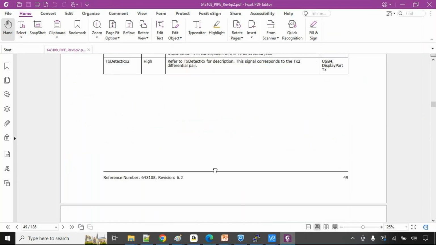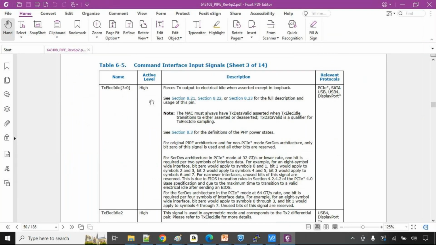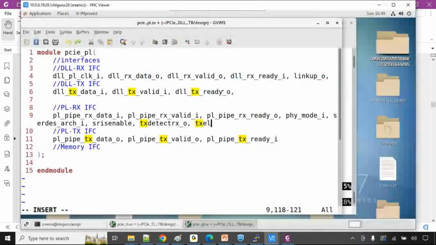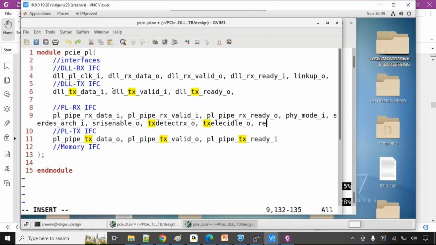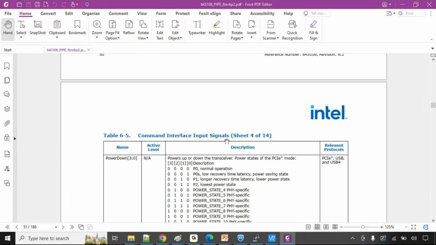TX electrical idle. It's an output, forces the transmit output to electrical idle. TX electrical idle, output. Since it is an enable, let's also call it output only. Next, reset is applicable. Reset underscore, reset hash, reset underscore o. And what else is there? Power down is there.